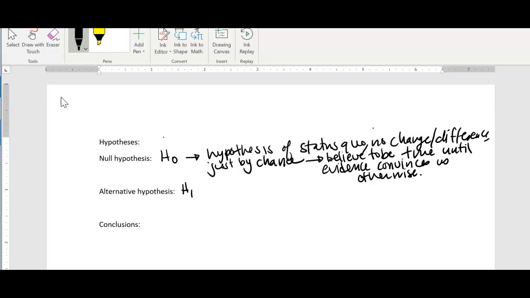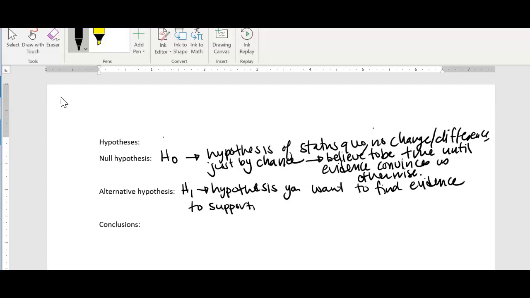Okay, your alternative hypothesis is the hypothesis you want to find evidence to support. These are both called claims.